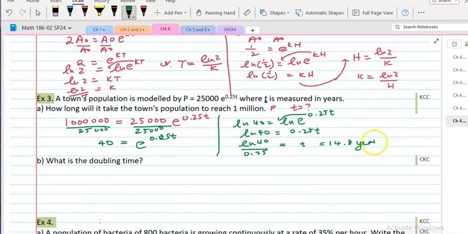But this town's population is growing 25%. So what's the doubling time? Oh, we know K, so it will be ln2. Doubling time is equal to ln2 over K. That's ln2 over our K, which is 0.25.